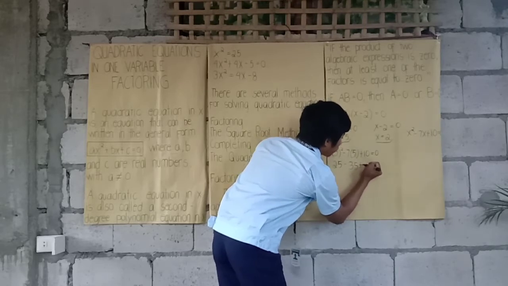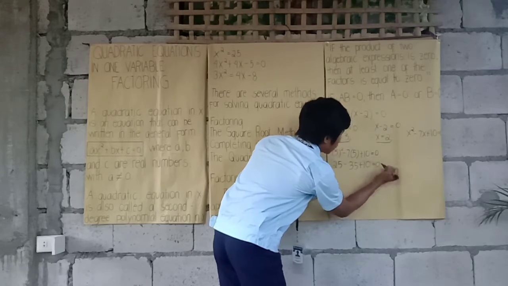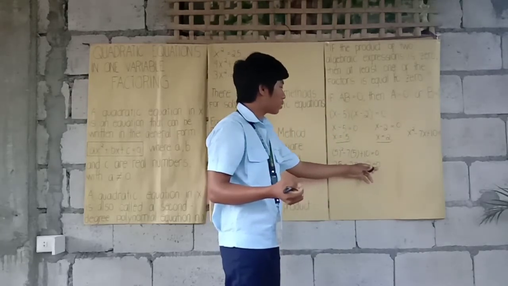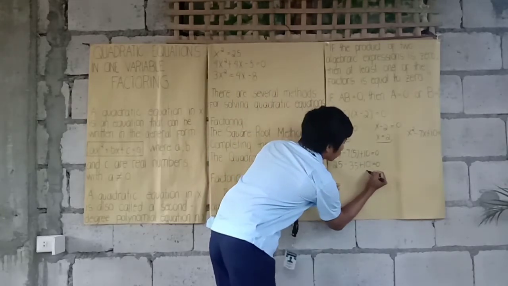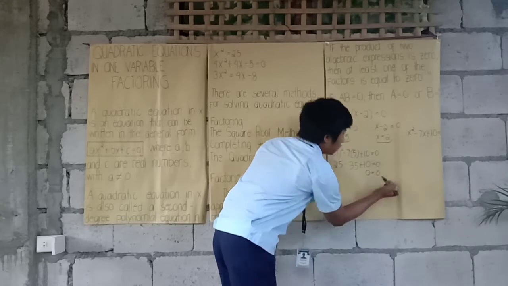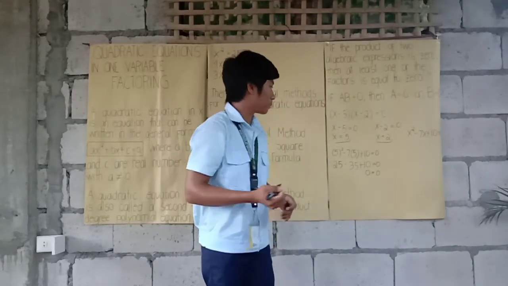Plus 10 is equal to 0. So 25 minus 35 plus 10 is equal to 0. So ibig sabihin, ito ay true statement.